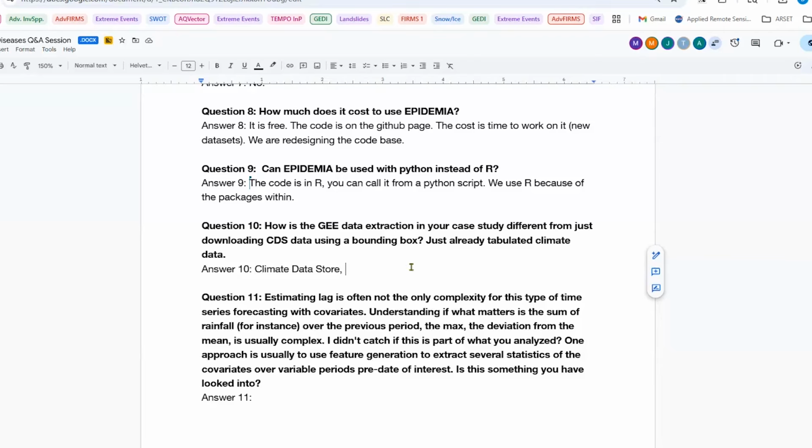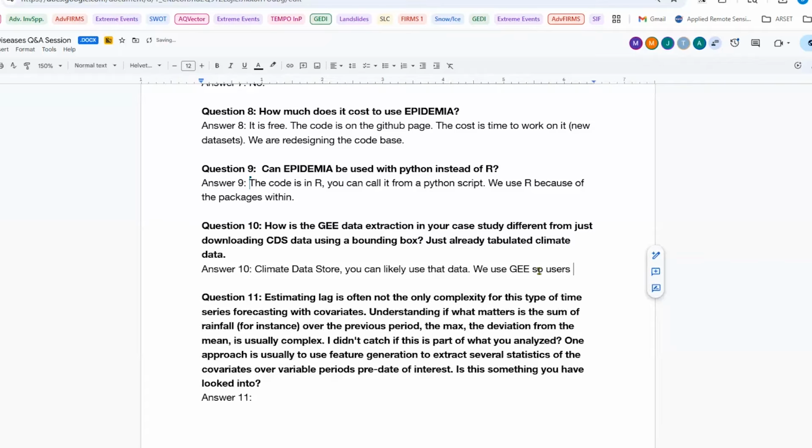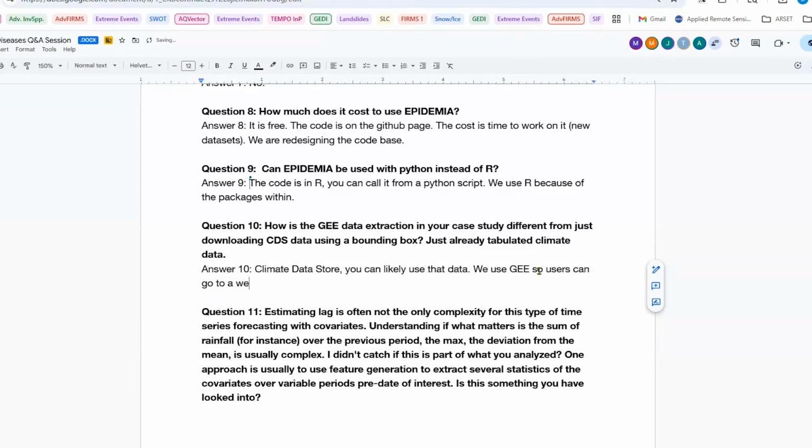With Google Earth Engine, we use it because it allows you to write a custom script and turn it into an app. So rather than our end users having to log into a service, either through Copernicus or NASA, and then download data and do analysis with it, that was a way for us to package everything up so that they can go to a website, select a range of dates, click a button, and get the summary table on their computer, in the format that feeds directly into EPIDEMIA.